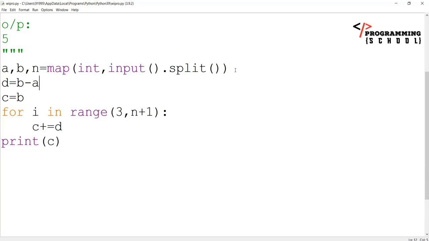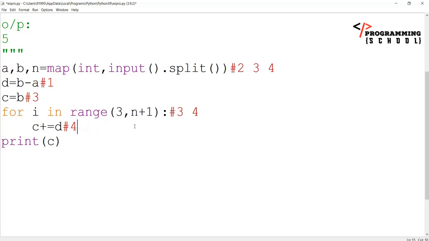I'm going to dry run here. The inputs are going to be like this. And what is D? D value is going to be 1, right? 3 minus 2 is 1. And the C value is initially 3. This loop is going to be repeated two times. 3 plus 1 becomes 4, that is the third term.